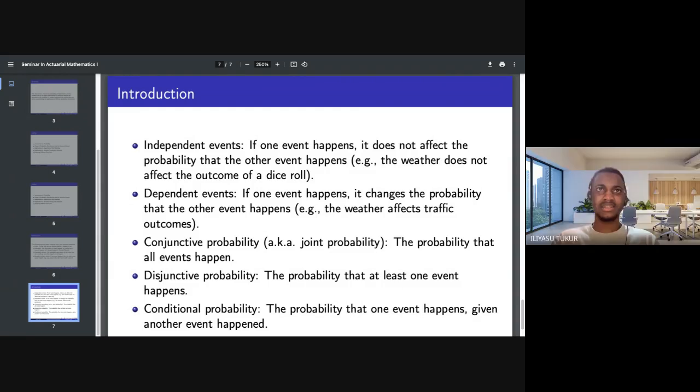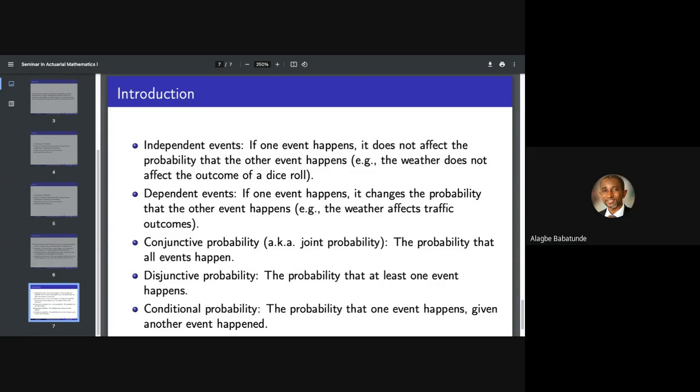Maybe you're asked to pick two, and then the probability of picking a different ball the first time and the second time. It has to do with the probability of picking a white ball and the probability of picking the red ball, if they are in the same basket.